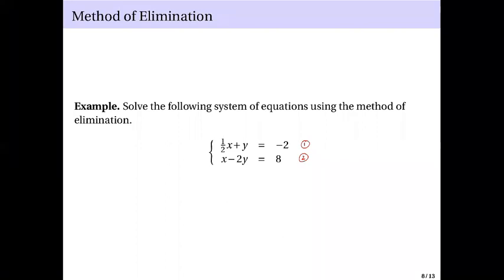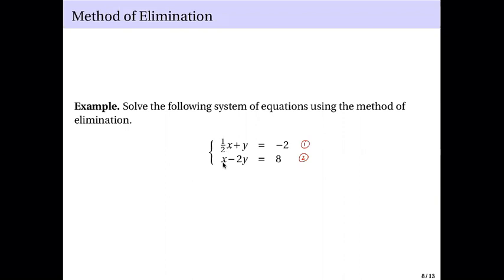For example, we get an equivalent equation for equation 1 such that the coefficient of the variable x in equation 1 is the same as the coefficient of the variable x in equation 2.